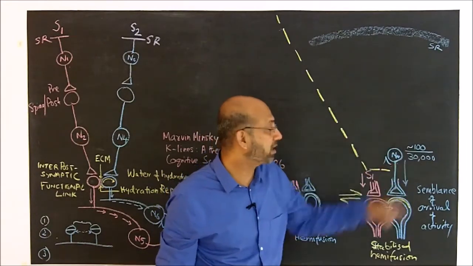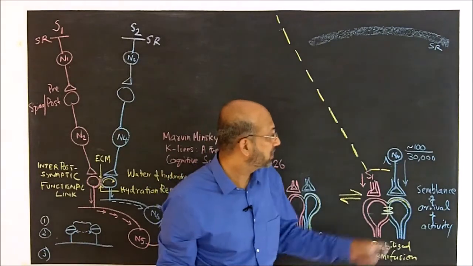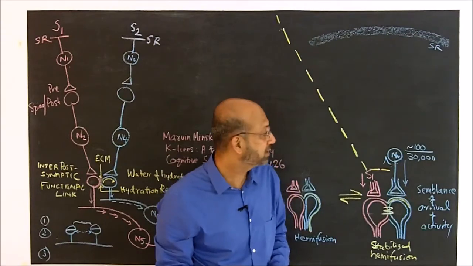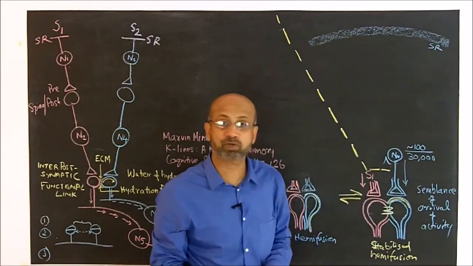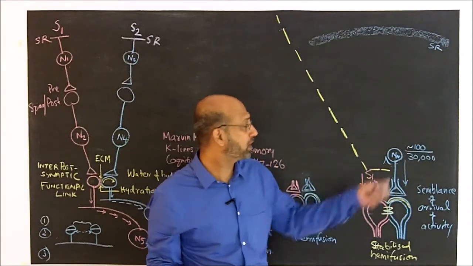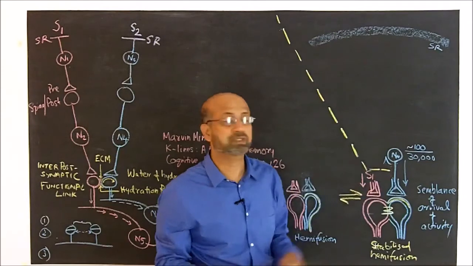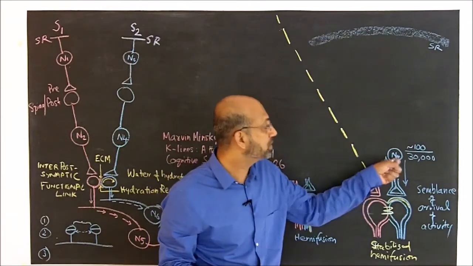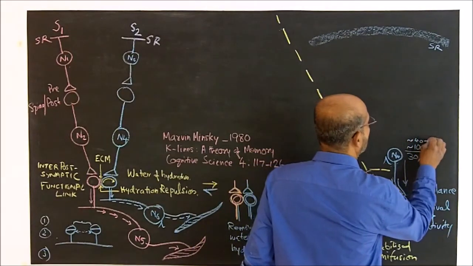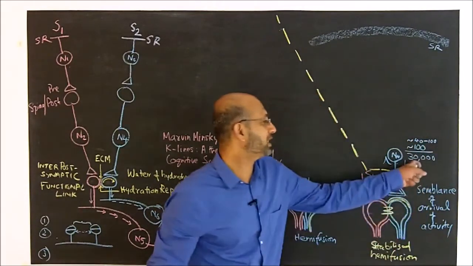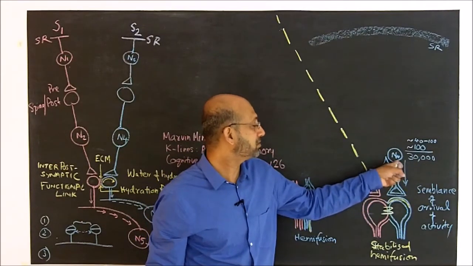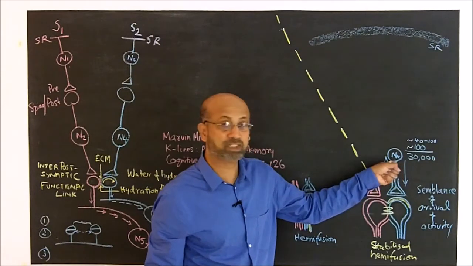A set of any 100 dendritic spine activations can provide summation of sufficient potentials at the axonal hillock to give rise to an action potential. So sets of any 100, it can be even 40, 40 dendritic spines close to this neuronal soma can also give rise to an action potential. So we can say nearly 40 to 100 out of 30,000 inputs, if they summate spatially or even temporally, can induce an action potential here.